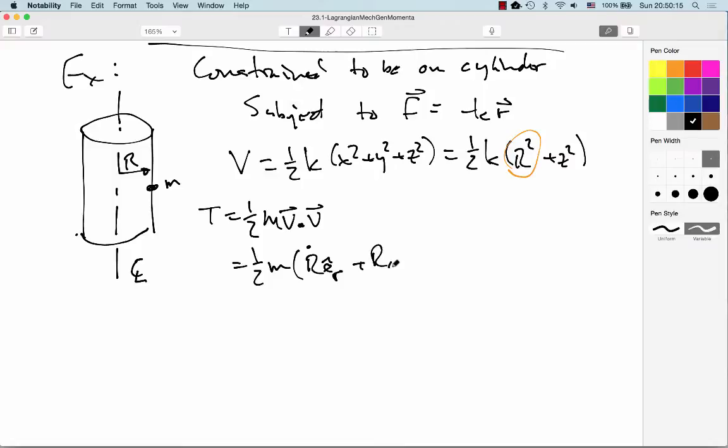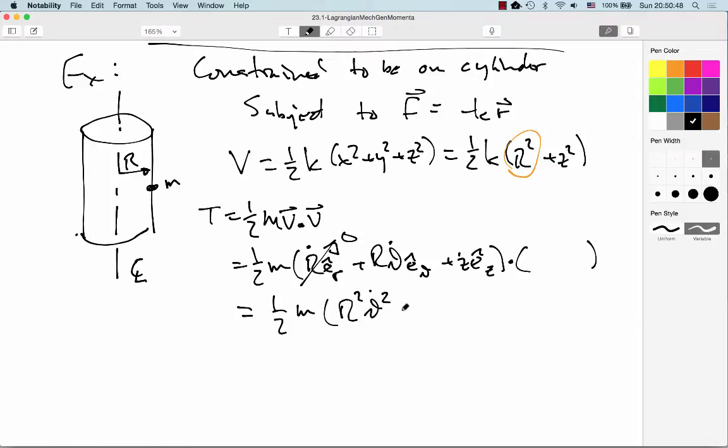In the theta hat direction, we'll be going at the speed r theta dot. And in the z direction, we'll be going at z dot. Now, due to the force of constraint, since we're constrained to stay on the cylinder, the value of r can never change, so r dot is 0. And we'll be dotting that with itself. So you'll get 1/2 m times (r squared theta dot squared plus z dot squared).